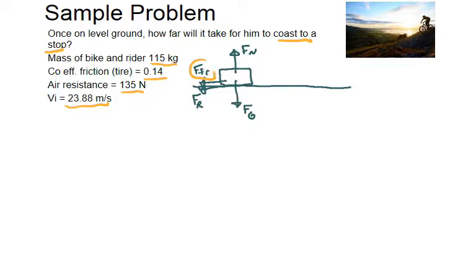You're going to have to find out what the frictional force is due to the coefficient. And then once you do that, you're going to add that to the force of air resistance. And that's going to be the total amount of force you'll use for the non-conservative work. And then you can go from there. So go ahead and pause the clip and see if you can figure out how far it will take for this bike rider to coast to a stop.